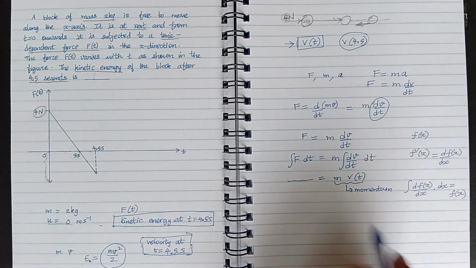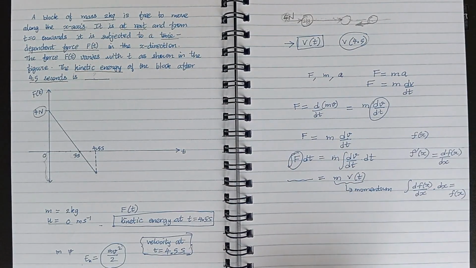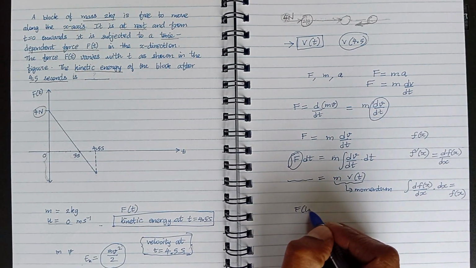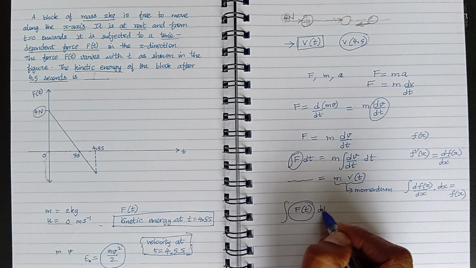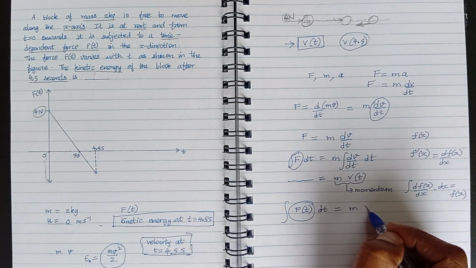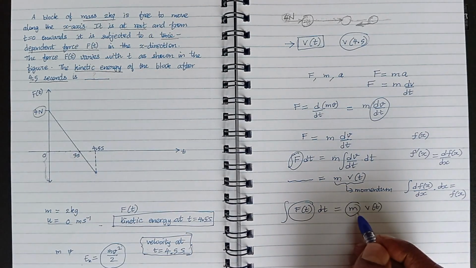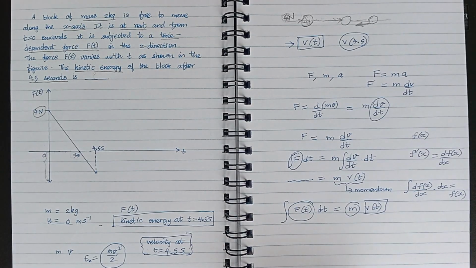So for this we need force as a function of time, which is what is given in the problem, but it is given in a graphical representation, not as a mathematical function. Correct? So if we get this f of t from this given graph, then we can integrate it and we can equate it to m into v of t, and this m is given in the problem as 2 kilogram. Okay, and we can move it to the left hand side, so that way we can get v of t.